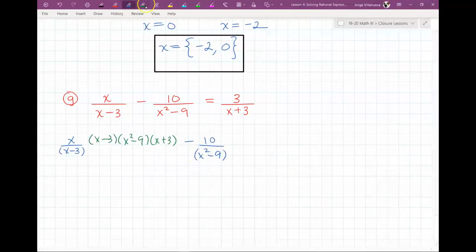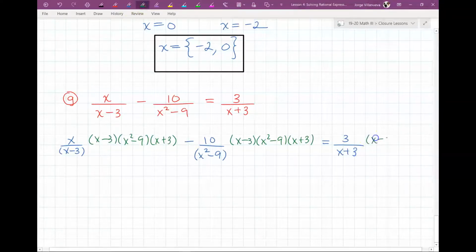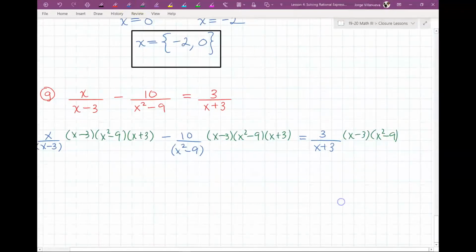I don't know if we're going to have to use a graphing calculator for this, but you guys have Desmos, just so you know, because I just made this problem up, kind of trying to write something similar to what you had in your homework. And that's equal to 3 over x plus 3. And that'll be x minus 3, x squared minus 9, x plus 3.